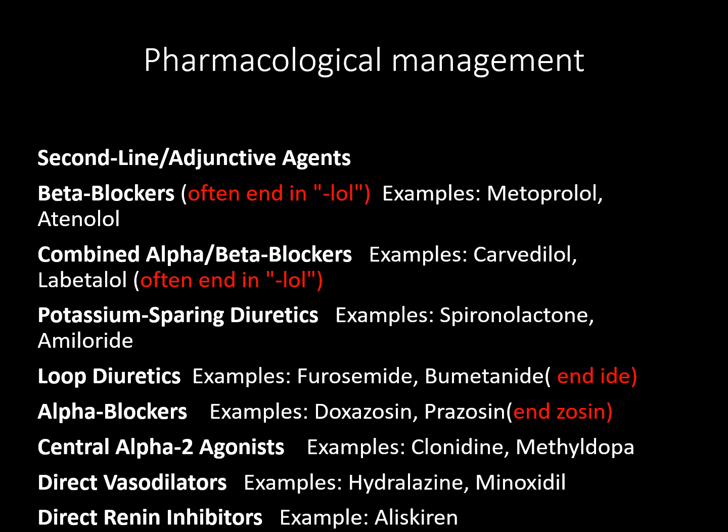Then the alpha blockers, which bind specifically to the alpha receptor and usually end with osin or zosin. Then the centrally acting alpha 2 agonists, clonidine and methyldopa. Then the direct vasodilators such as hydralazine. Then the direct renin inhibitors, which is aliskiren.